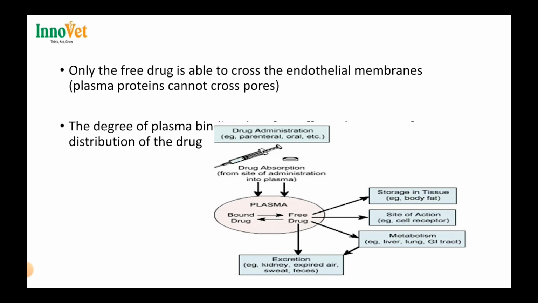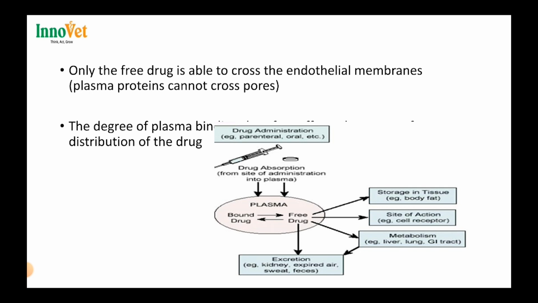So the free drug, which is the only form of the drug that can pass through the endothelial lining to carry out its action, will then go to the site of action, e.g. a cell receptor, or it can be stored in tissue, e.g. body fat, or it can go to be metabolized in the liver, in the lungs, or in the GI tract.